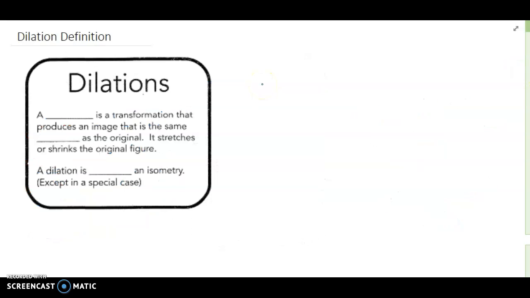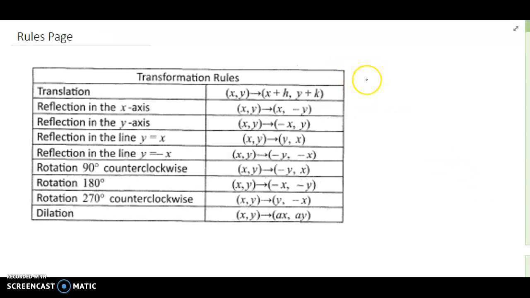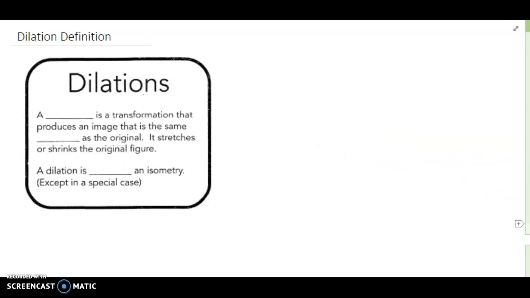All right, guys, so there's 2 more things that should go into our interactive student notebook before we cease with chapter 4. And it's this, the dilations definition, and also just this rule page. This should be very handy because this is just a compilation of all the rules into one. But the dilation definition, it's just a dilation is a transformation that produces an image that is the same shape as the original. It stretches or it shrinks the original figure.